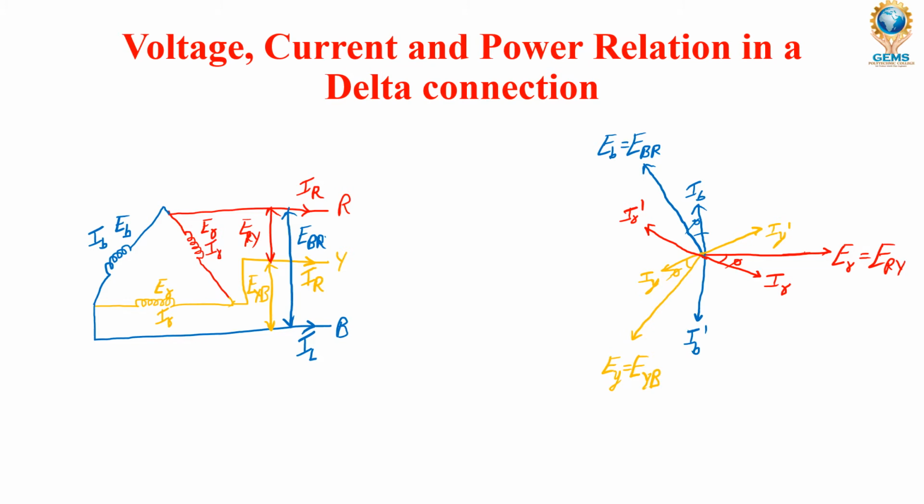Here, to find the resultant, I am going to draw a parallel line to IY dash, and this is the parallel line to IB dash. The resultant of IY dash and IB we will get is the B phase current IB.